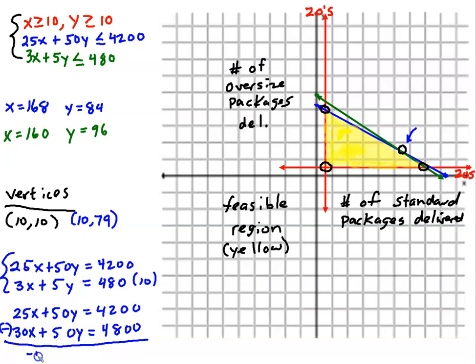So this is going to be negative 5x. This is going to be negative 600. And when you divide negative 600 by negative 5, you get 120. So x is 120.